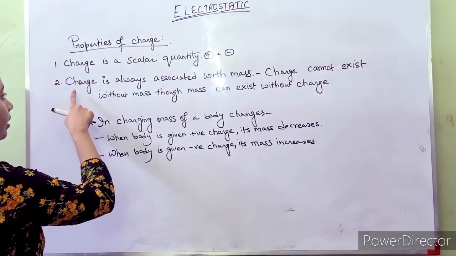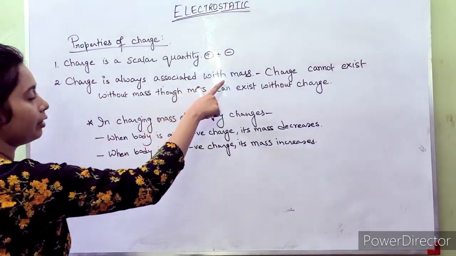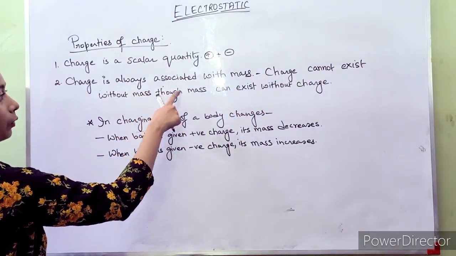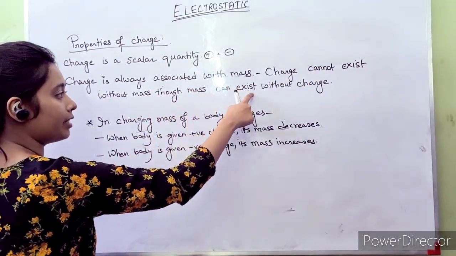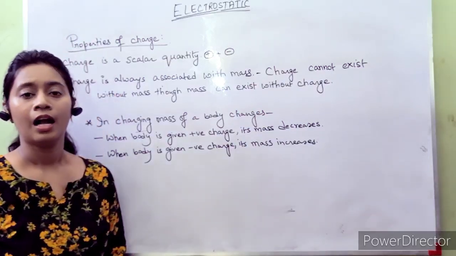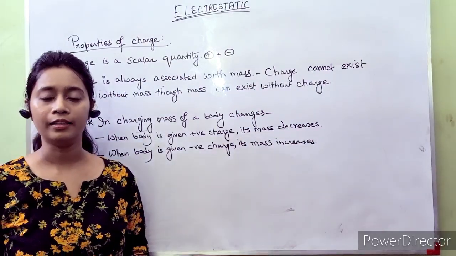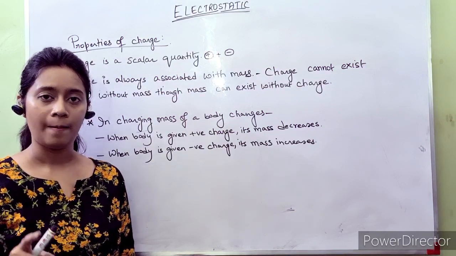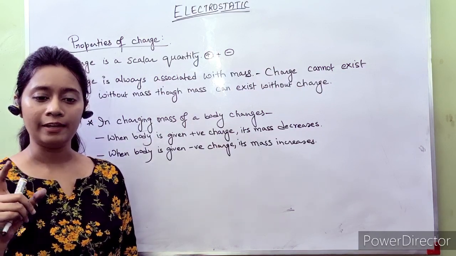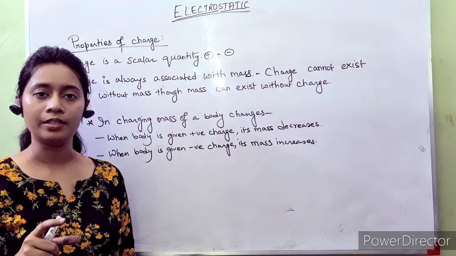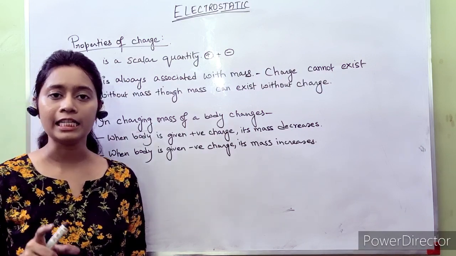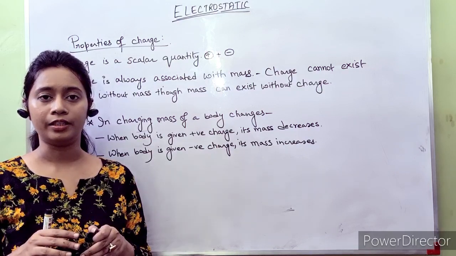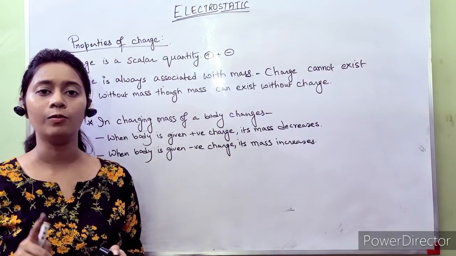The second one is charge is always associated with mass. Charge cannot exist without mass, though mass can exist without charge. I already told you that if there is mass, there has to be charge. But if the positive charge and the negative charge are equal in number, then they will cancel each other and the body as a whole will be neutral.